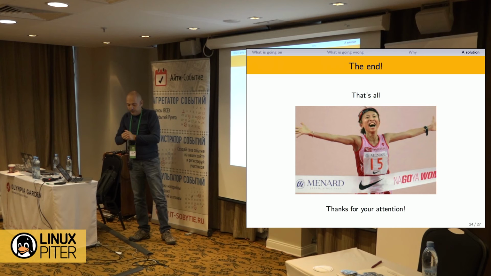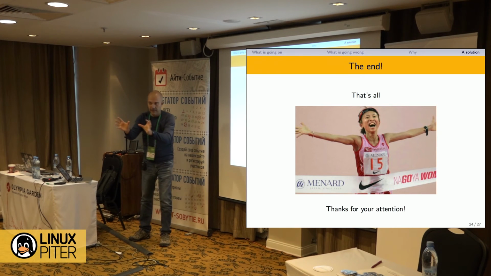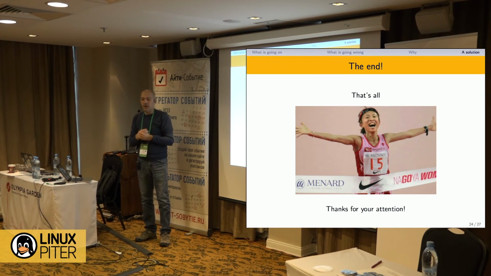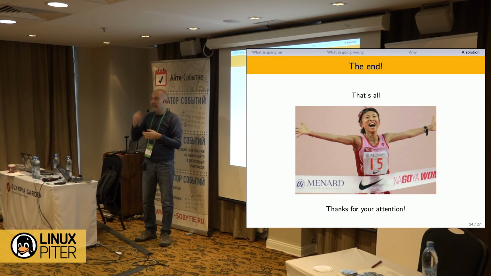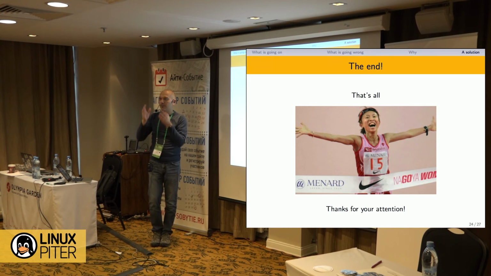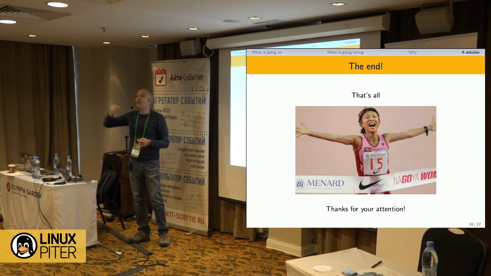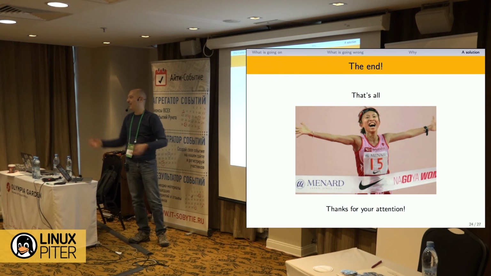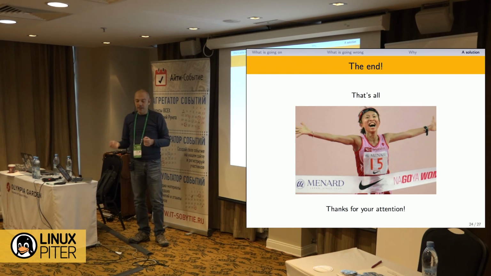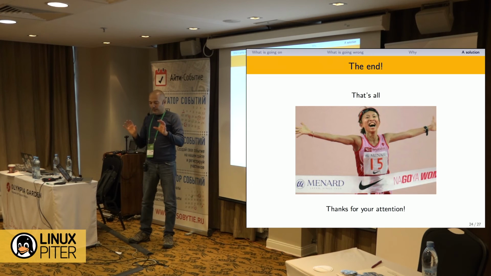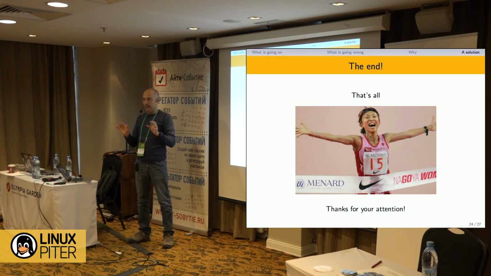Well, in BFQ, simplifying, of course, there are two heuristics. One is to detect the interactive applications, because those are the ones you care about. And the other one is to detect the soft real-time applications, which is a complex name to say video playing, audio playing, video streaming, and so on. So those are the two categories for which you care.